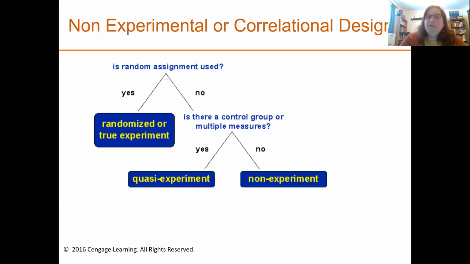Both nice continuous measures. We can look at a correlation between the two. As age increases, does IQ increase? No intervention here, no control group. We're just looking at the association between two things. Nothing wrong with it. Perfectly valid study to perform, but it is a non-experiment.